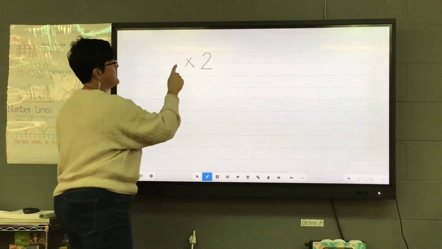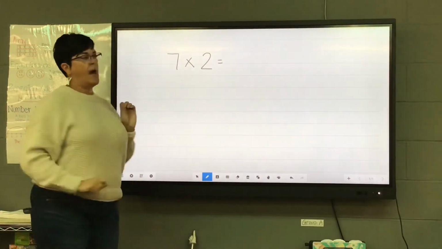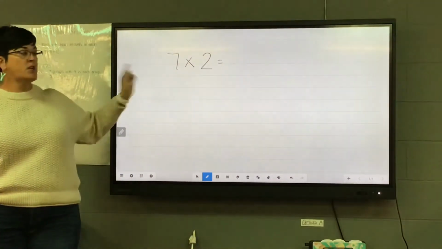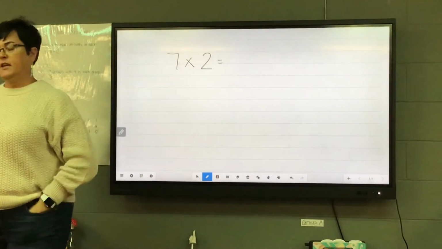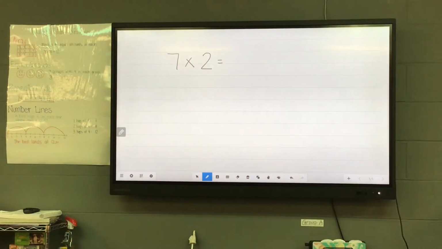I'm gonna switch that a little bit. How are you going to figure out how to solve this multiplication problem? My marker was trying to dry out. Is it? Mine is too. We've used a lot. So show me what you are going to do.